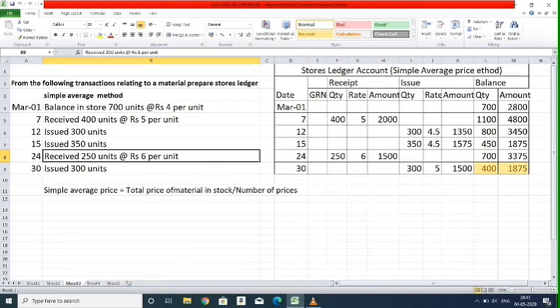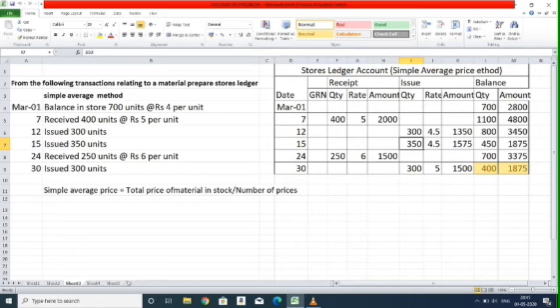If we follow the FIFO method, our first lot is 700 units. From that first lot we issued 300 and 350. At present we have issued 650 units. So in the 700 of our opening stock, 50 units are still in stock. 700 minus 650, that 50 unit is already in our closing stock.